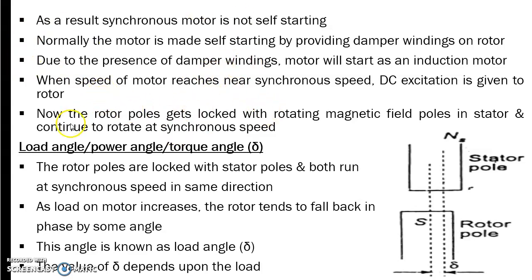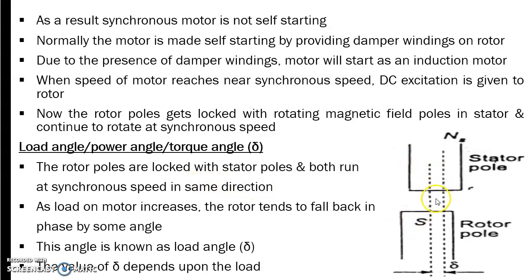And you might hear about load angle or power angle or torque angle delta. So we already told that rotor poles get locked with rotating magnetic poles in the stator. It is shown here, stator poles and rotor poles. Rotor poles are locked with the stator poles and both run at a synchronous speed in the same direction.